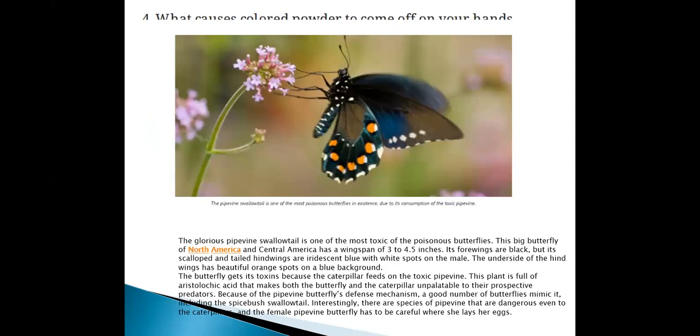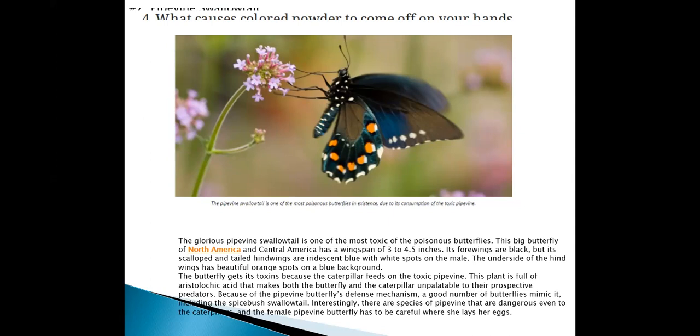Then we can see the pipevine swallowtail butterfly. These also have toxins carried in them, so it is quite not friendly for us. You have to be very careful, because these butterflies sit on different plants.